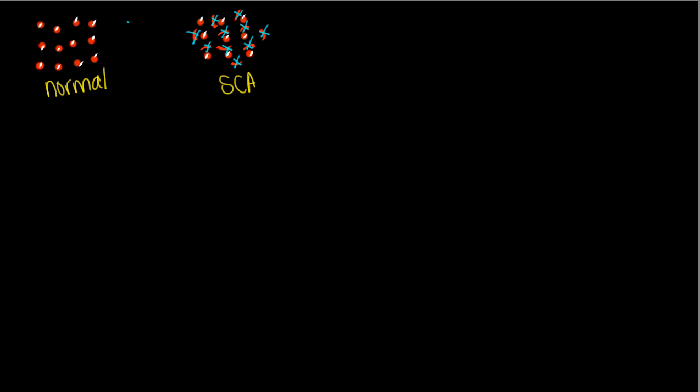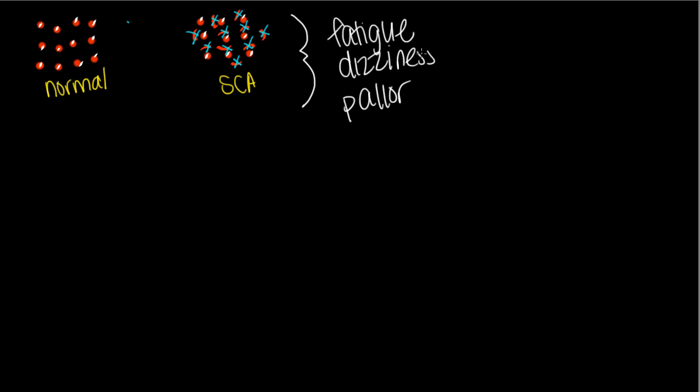So what are some of the common signs and symptoms that I'm going to end up with? Well, these would be general symptoms that we would also see in other types of anemia. A common one being fatigue, right? Dizziness and pallor. These are really common things that we're going to see in anemias, and you'll see them also in sickle cell anemia.